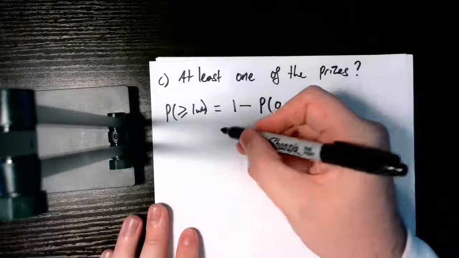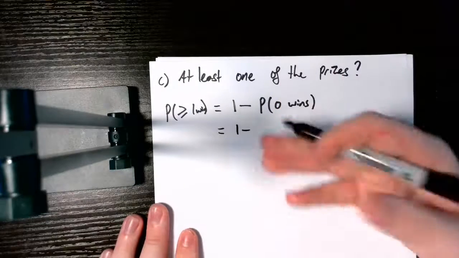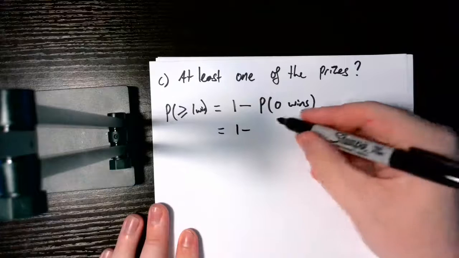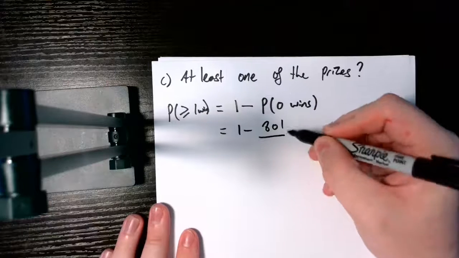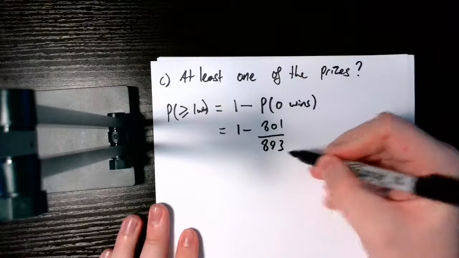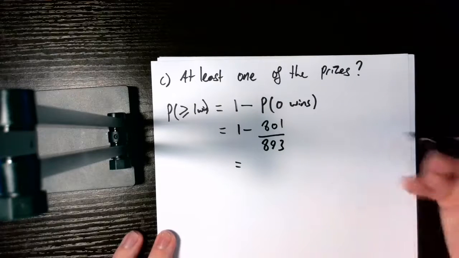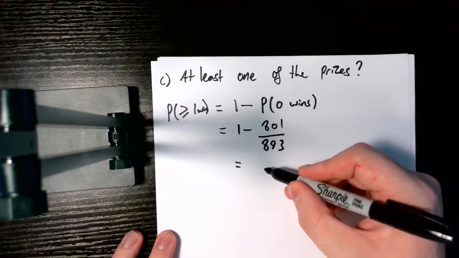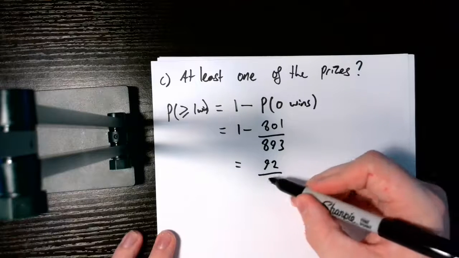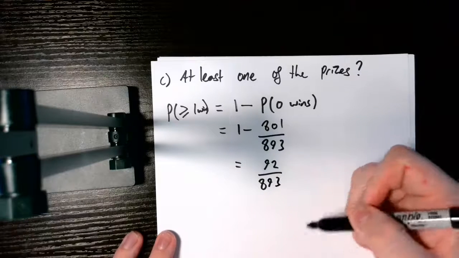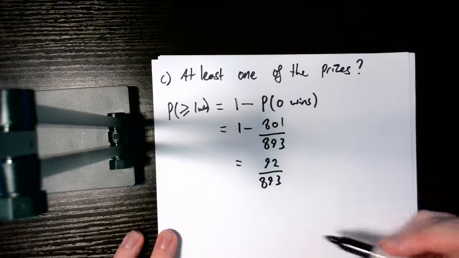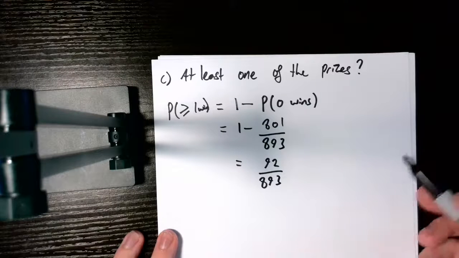So the probability of at least one win is equal to 1 minus the probability of neither prize, which was 801 over 893. This gives us the probability of her winning at least one prize as 92 out of 893 total possible chances when she's trying to win this raffle.